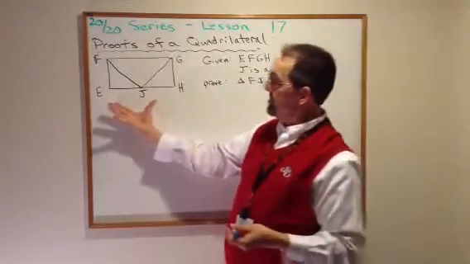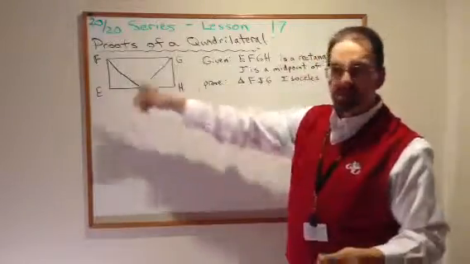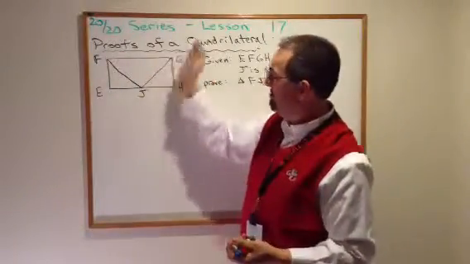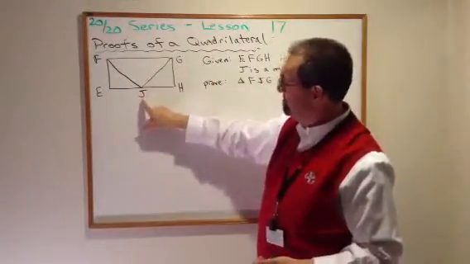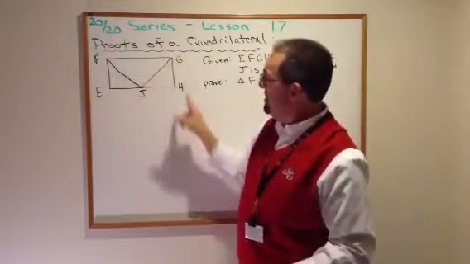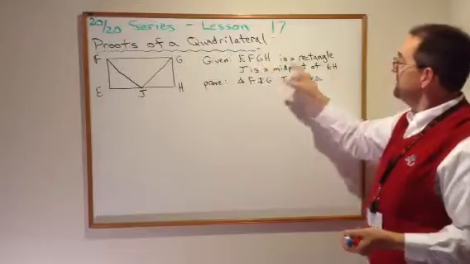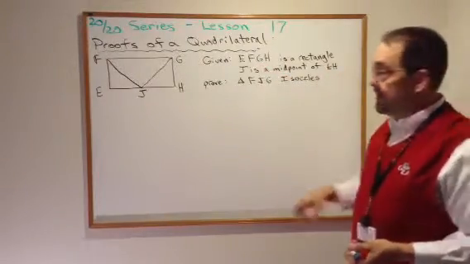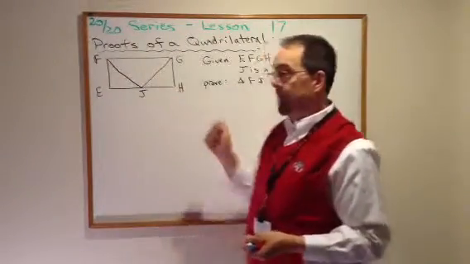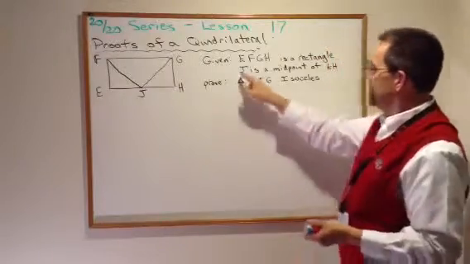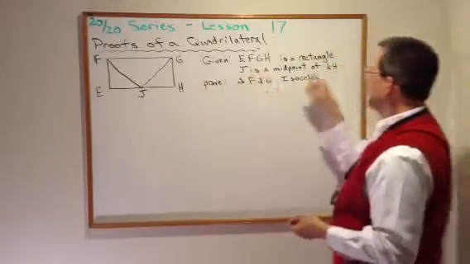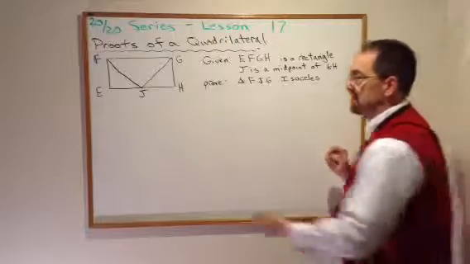So let's take a look at this shape right here. Some sort of a rectangular shape, got a couple of diagonals at this point J. So let's see what the given is. EFGH is indeed a rectangle. J, this point J, is a midpoint of EH.